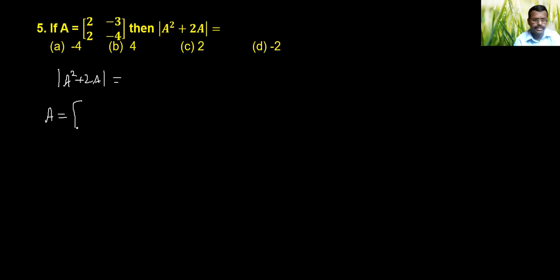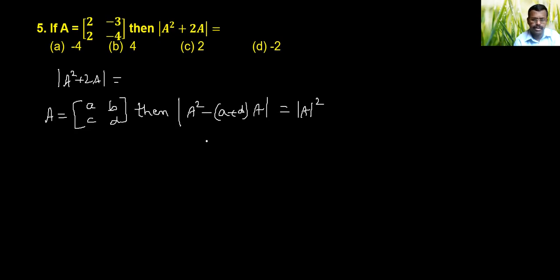If A is A, B, C, D, then the determinant of A square minus (A plus D) into A is equal to the determinant of A whole square, or you can write this as (AD minus BC) whole square. Our regular method is what? You have to find A square, that means A into A, then multiply this by 2, then add both answers, then find the determinant. Instead of that, we can go with this method.